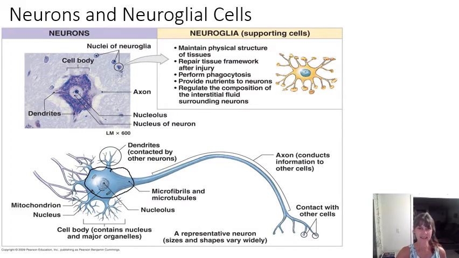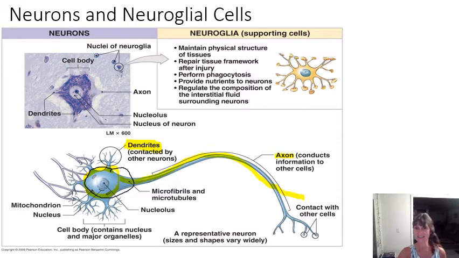We see that extending off of the soma of the neuron are extensions that are referred to as dendrites. The dendrites are responsible for receiving incoming information. You'll notice that there is an extension going away from the soma, which is referred to as the axon.